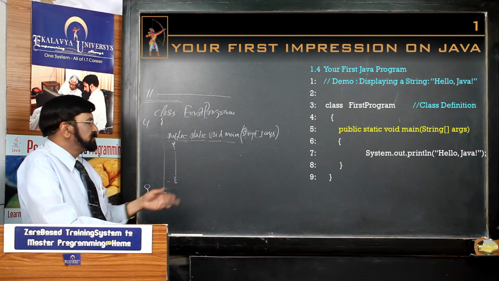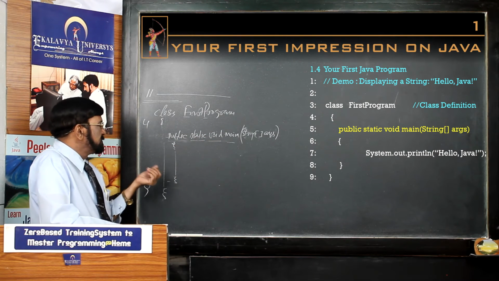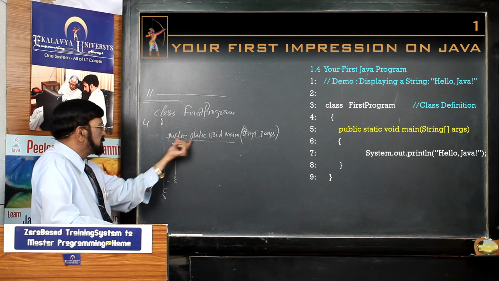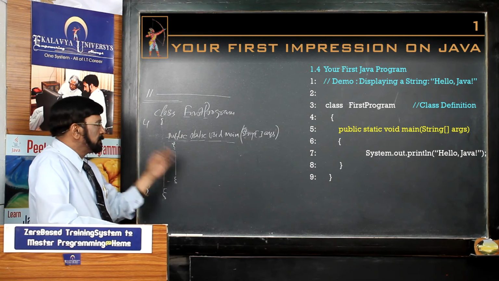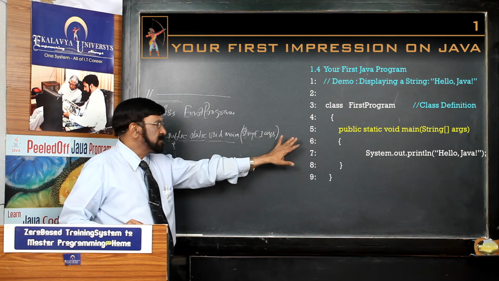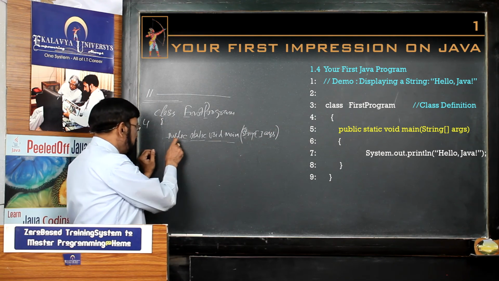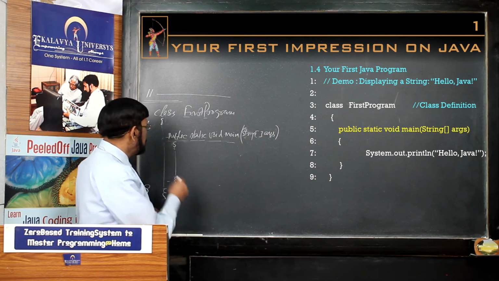But what I suggest is, voluntarily don't change it, because let us standardize. Also don't change the order of public and static. Public, static, void, main, String, args: that is the signature. And this is the body of the method. You should not use any semicolon; it's not a statement. That point you have to understand.